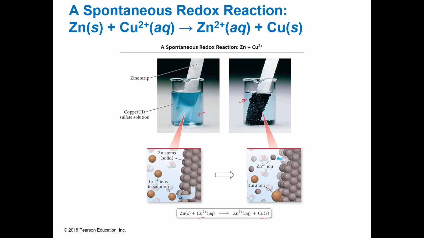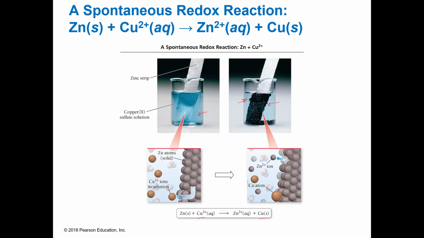So this black substance you see deposited on the zinc electrode is actually copper. You may ask why it's black. Well, it can look kind of reddish, it can look black, but that is the copper metal being deposited on the zinc.